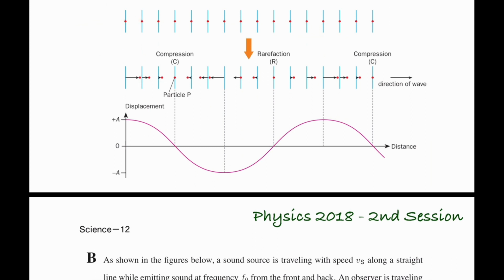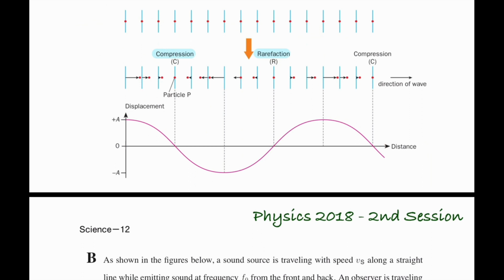My point is, if you are given a displacement versus distance graph, you need to know the position of the compression and rarefaction. Compression and rarefaction is the position where the air particle, or the particle of the medium, is not moving.